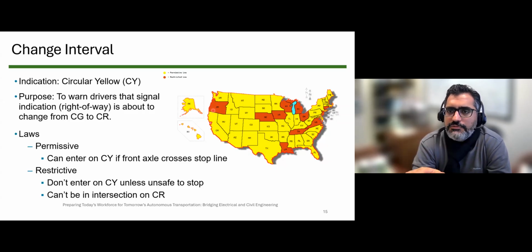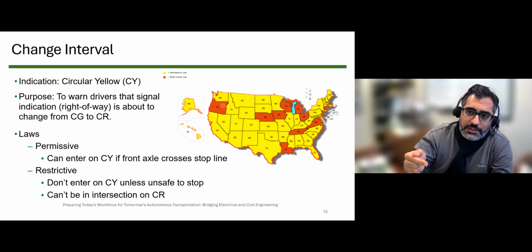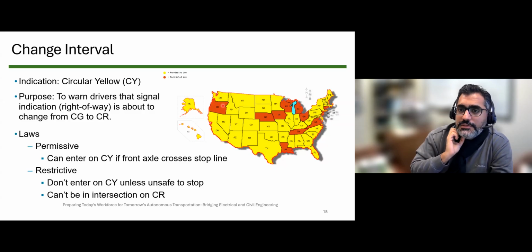You can cross the intersection safely. But if you're in Oregon, as an example of a restricted yellow law, it means that if you are within the intersection and the indication turns to red, you are an illegal movement. You're a red light runner.